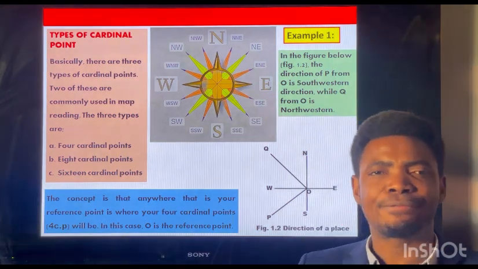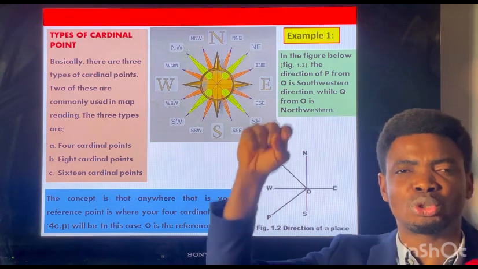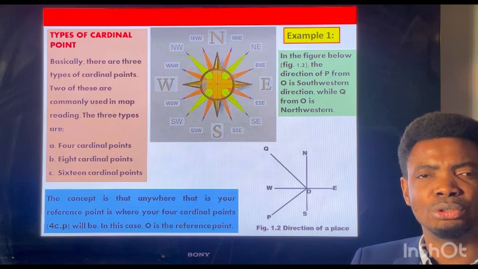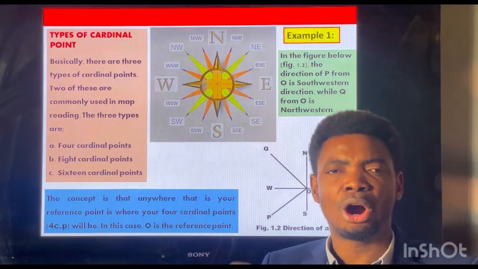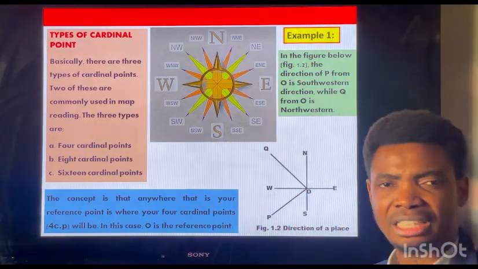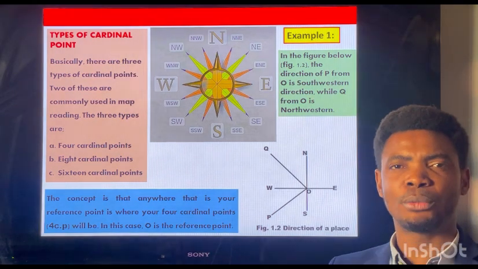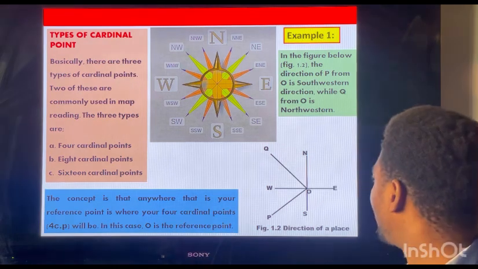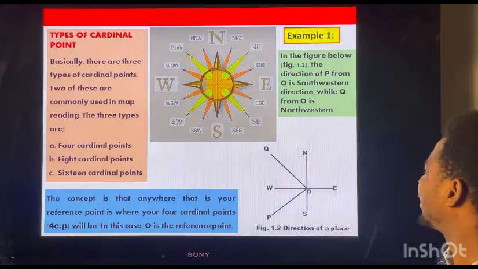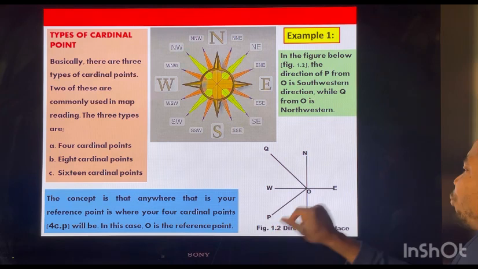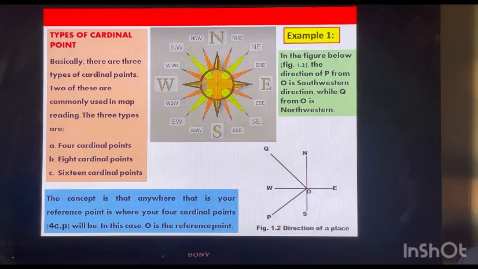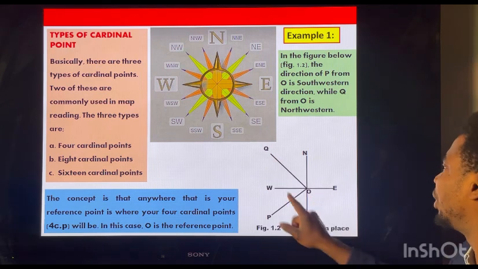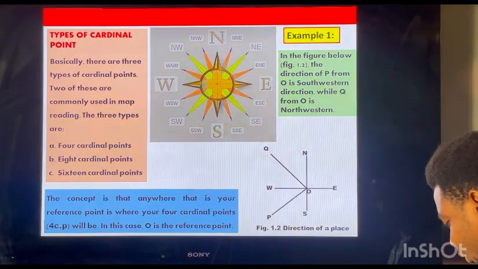So when they say from O, that means you need to put your cardinal point on O. If they say from P, you need to put your cardinal point on P. But in this case, they said from O, which means you need to put your cardinal point on O. So putting your cardinal point on O, the direction of P from O is southwestern direction. And the direction of Q from O is northwestern direction.